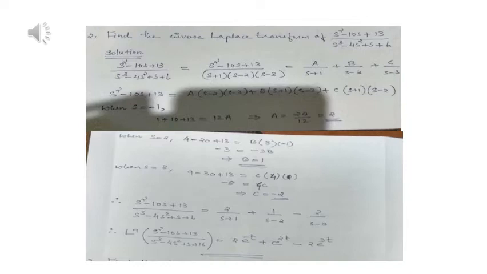Again minus 2 into L inverse of 1 by s minus 3 is e raised to 3t. So the answer is 2 into e raised to minus t plus e raised to 2t minus 2 into e raised to 3t.